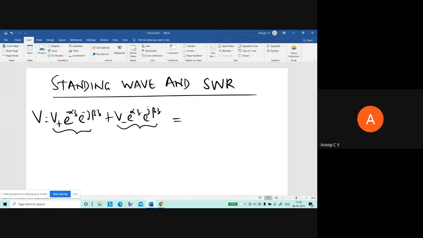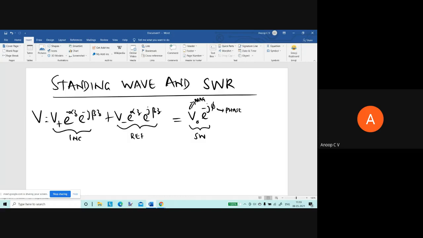Here we have shown both of them as separate terms. But we can write it as a single phasor, V0 e power minus j phi, which is the phasor expression for the standing wave. This expression, where we add the two phasors and write them as a single phasor, is called the expression for standing wave. V0 is the magnitude pattern and phi is the phase pattern.